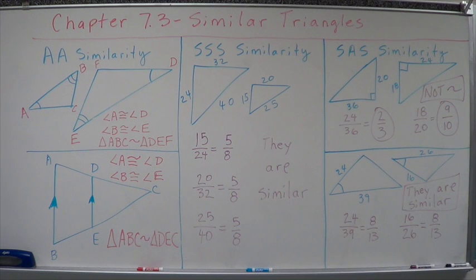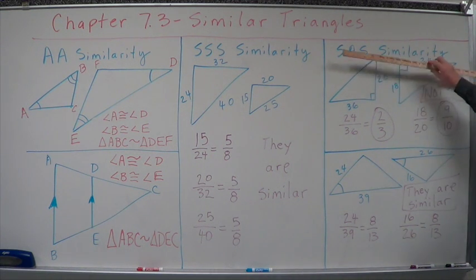Okay? All right, we'll do some more in a little bit. Now let's look at SAS similarity with a couple of examples. SAS says if we have two sides of one triangle that are proportional to the corresponding sides of the other triangle, and the included angle is congruent, then we have SAS similarity.